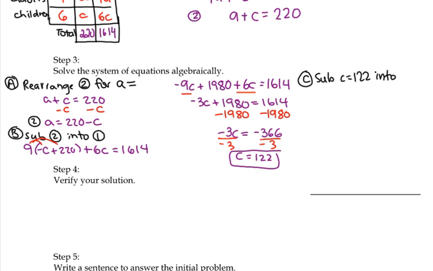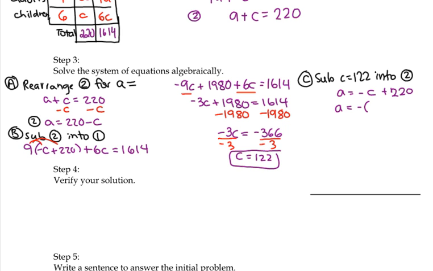Now we sub it into whichever equation we want to use. The easiest would be our rearranged one, equation 2. So I'll write it how you guys wrote it, which was negative C plus 220. So when you sub it in, it's negative 122 plus 220.